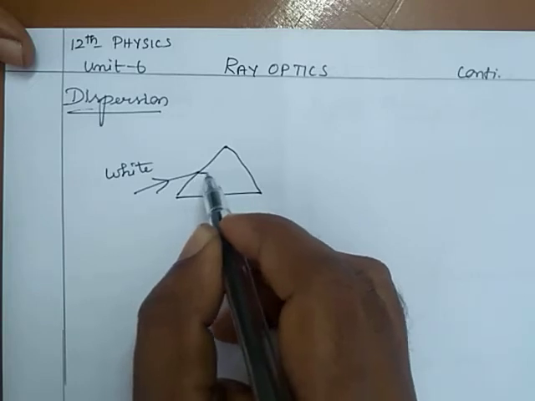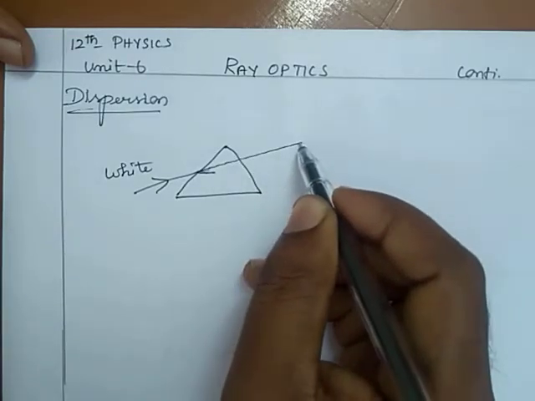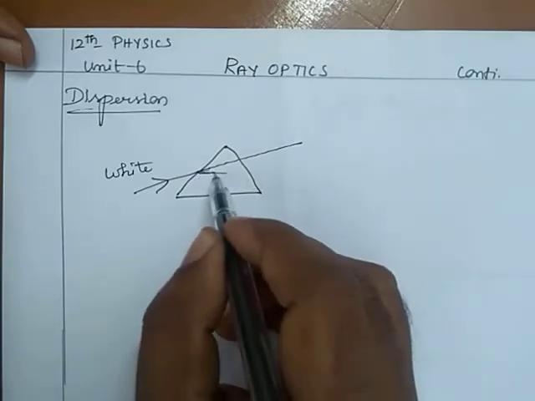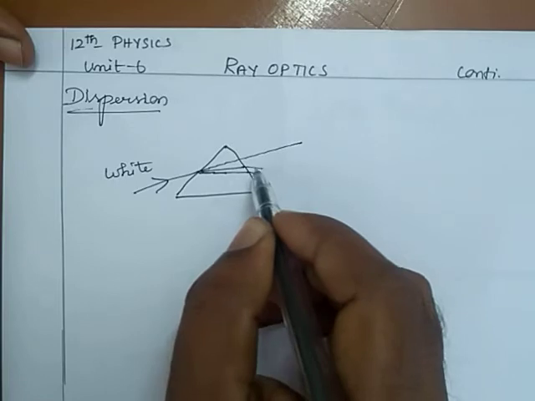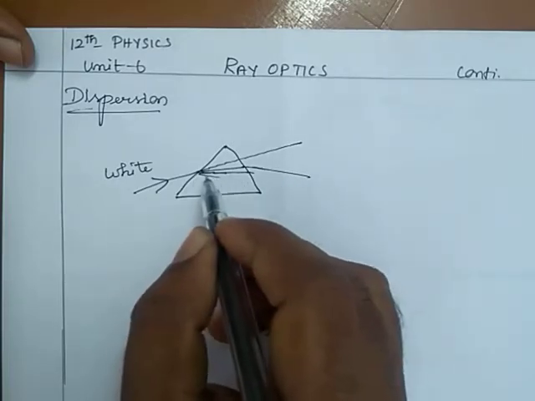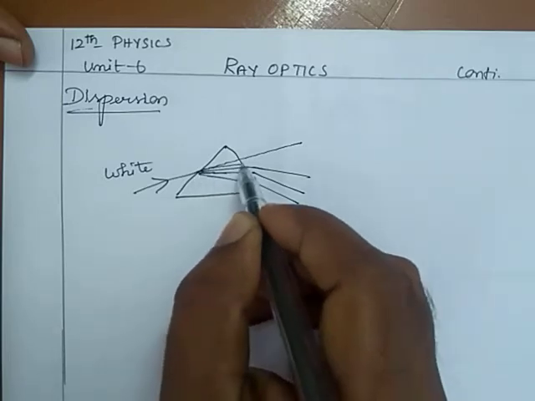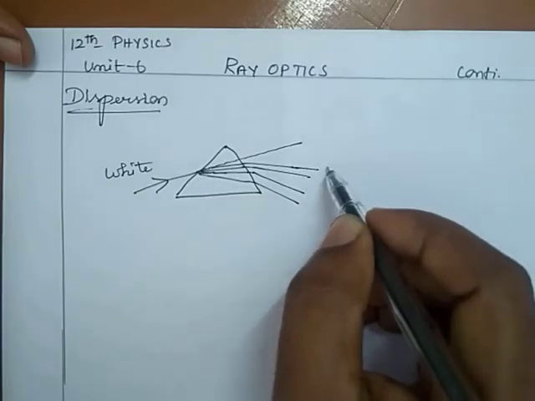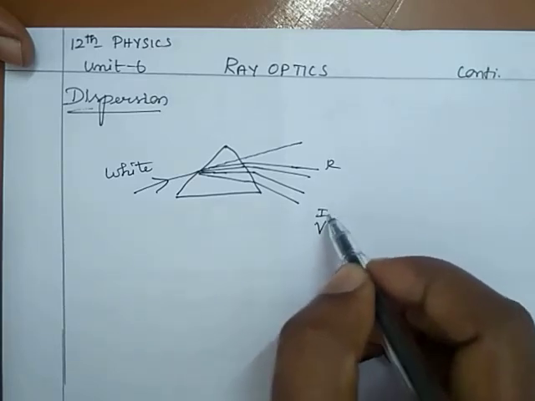After refraction, it is an extended incident ray. After refraction, it will bend its path. Here the white light bends its path, and we get a spectrum of light. It will start from red to violet, that is VIBGYOR.